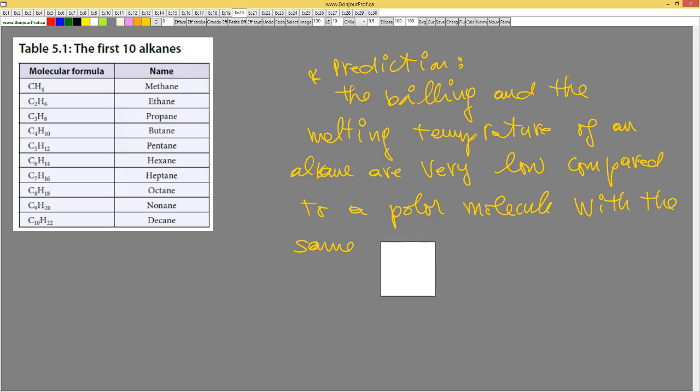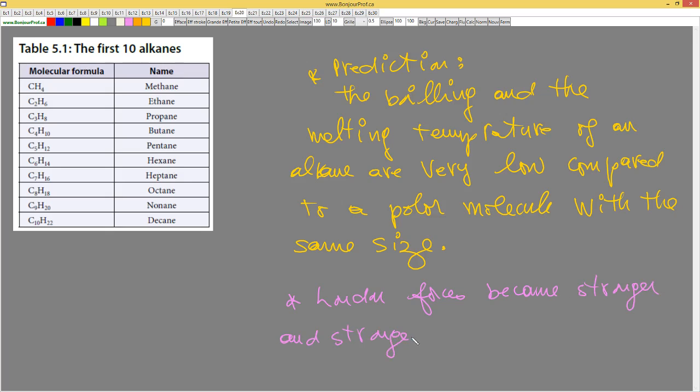Why do we say with the same size? Because we have a rule about London forces. What is the rule of London forces? London forces become stronger and stronger with the rise of the size of the molecule.